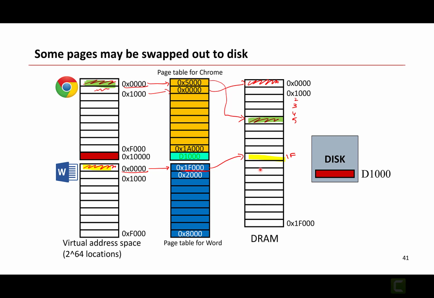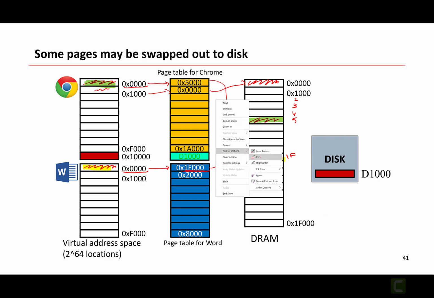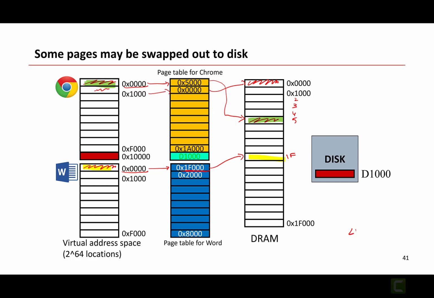So when it applies the LRU replacement policy, it is applied globally across all the processes and their pages, not between the pages within a process. And that's an important thing to remember. So the LRU policy is applied globally across the different processes.